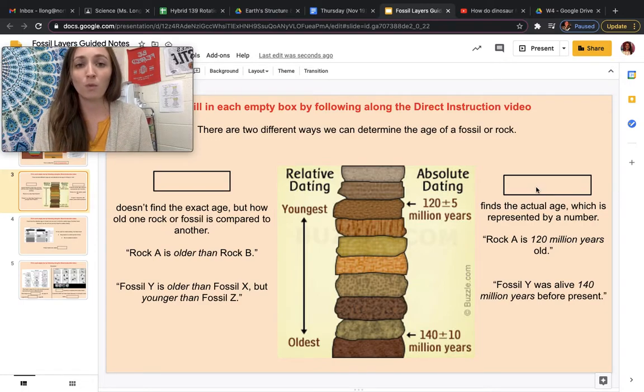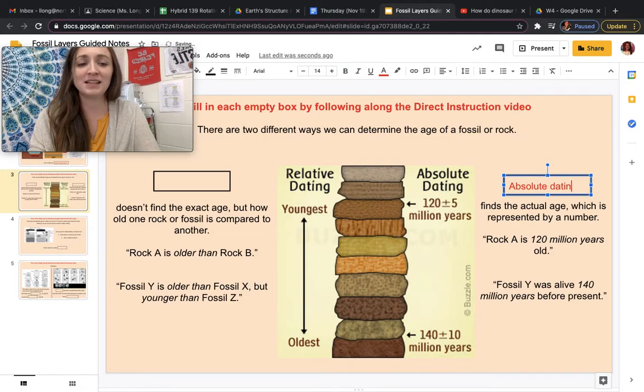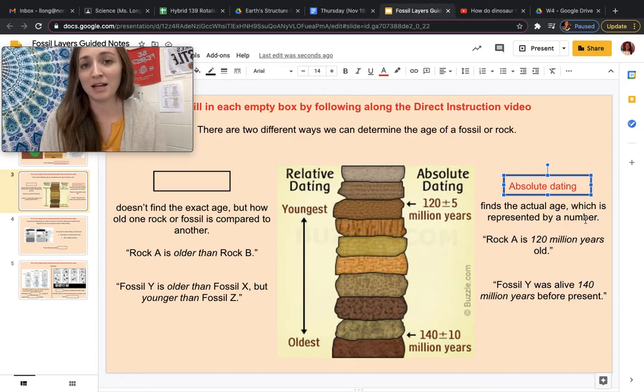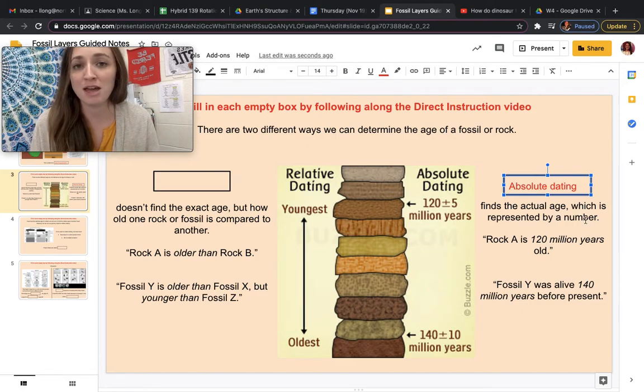So one way, and I'm actually going to go to the right first, we can use absolute dating. When we say dating, that just means that you are assigning a date or an age to that thing. When you use absolute dating, you are finding the actual age, something you represent by a number. Like your absolute age would be 14 or 13 or however many years old you are.